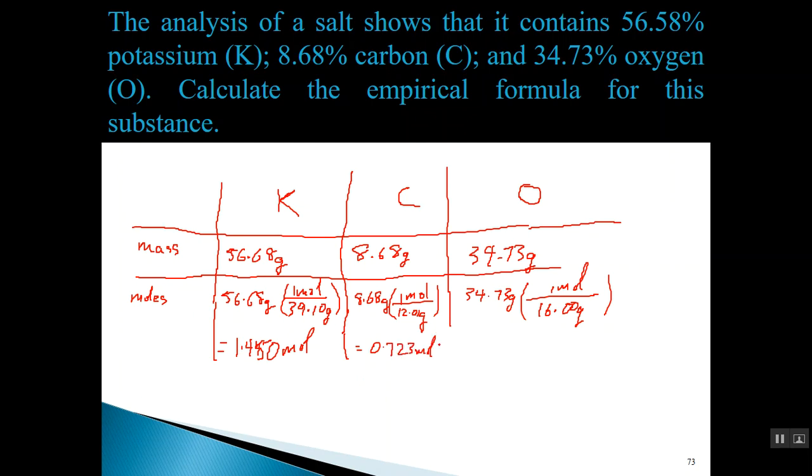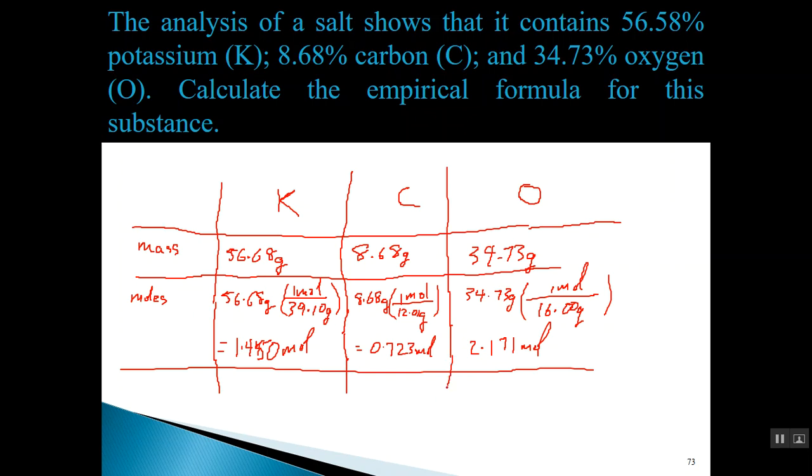And then finally, in the case of oxygen, 34.73 divided by 16, and the value I got there is 2.171 moles.